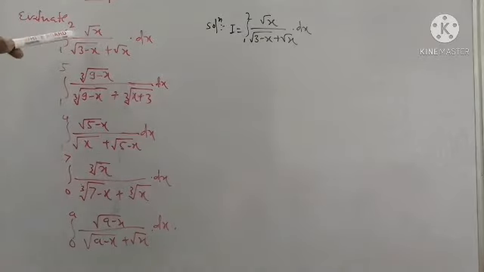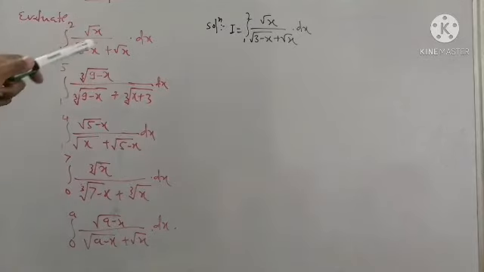As you can observe in the first example, root x is in the numerator, and the denominator contains plus root of x. Similarly, cube root of 9 minus x, and the denominator contains cube root of 9 minus x. So observe these examples and solve them by using properties. There is a special method by which we can solve these examples.